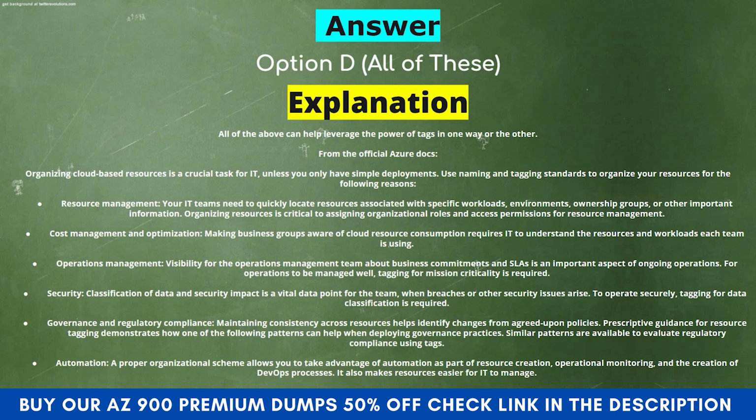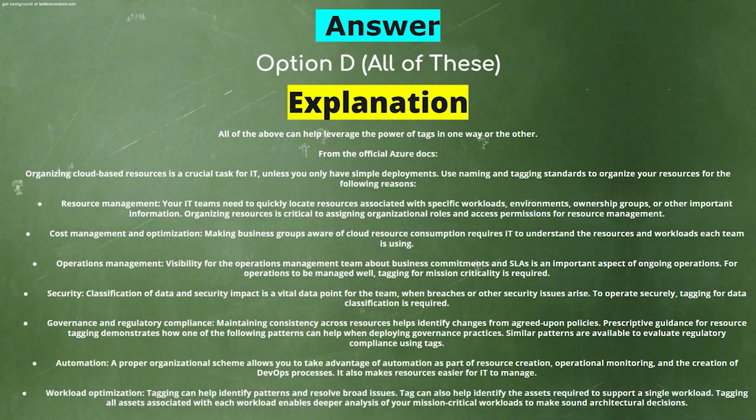It also makes resources easier for IT to manage. Number 7. Workload optimization. Tagging can help identify patterns and resolve broad issues. Tags can also help identify the assets required to support a single workload. Tagging all assets associated with each workload enables deeper analysis of your mission-critical workloads to make sound architectural decisions.